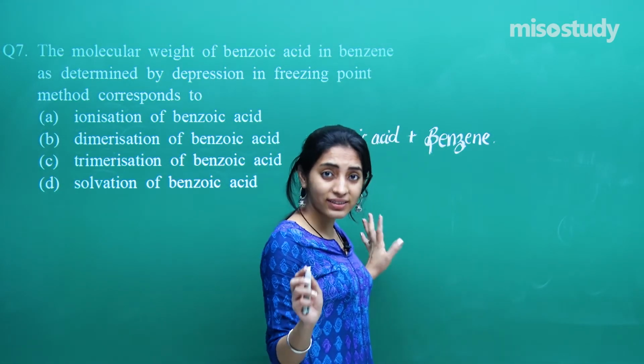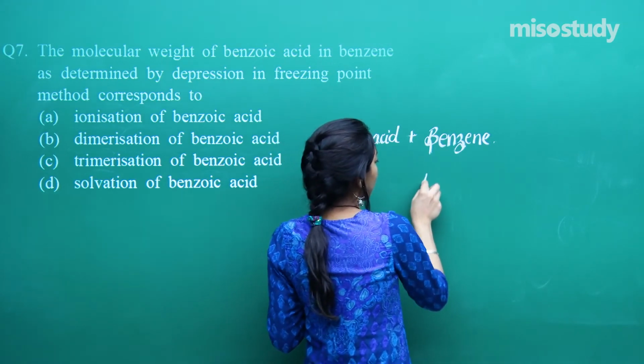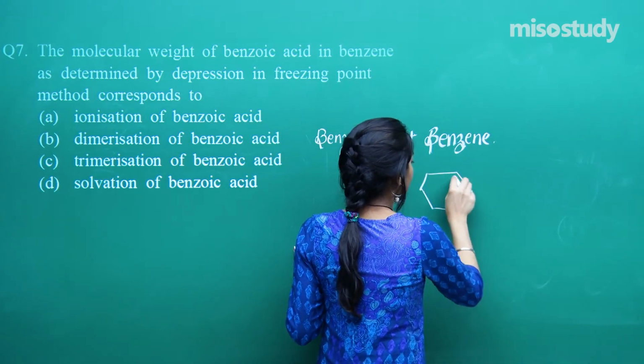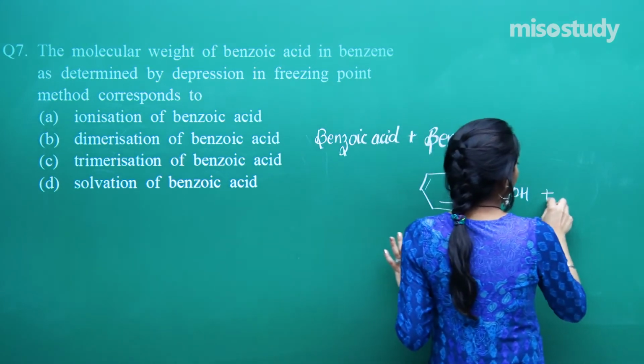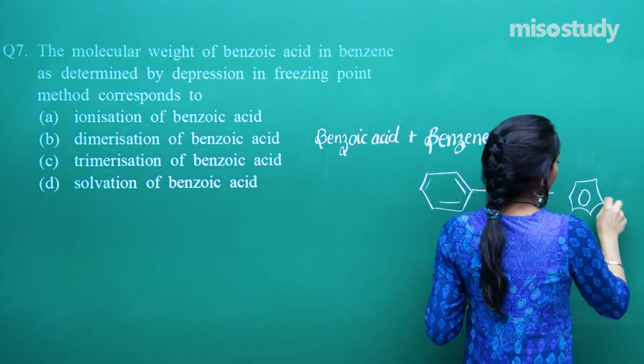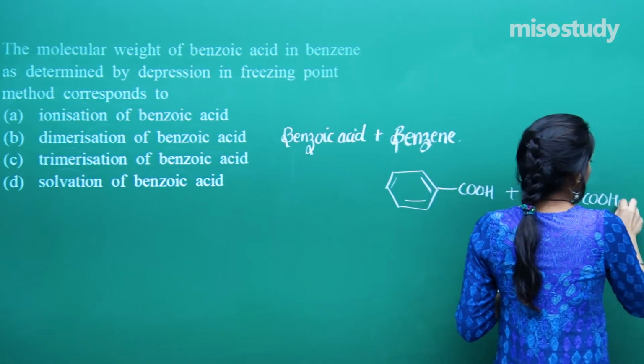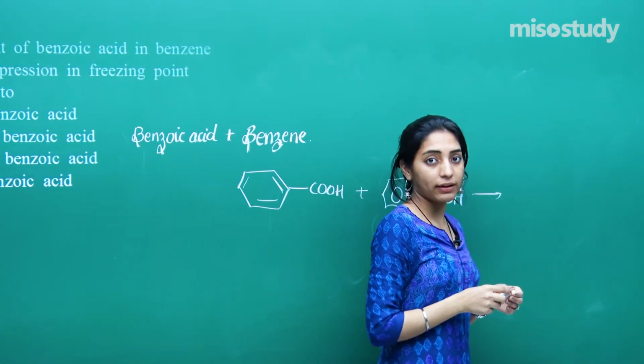Now you know, right, this thing we have already done in organic chemistry also, that this benzoic acid will combine with another molecule of benzoic acid in the presence of benzene as solvent.